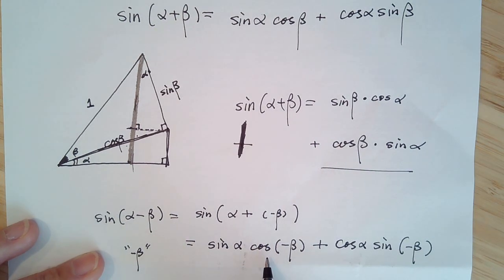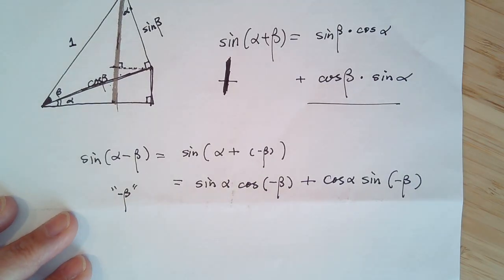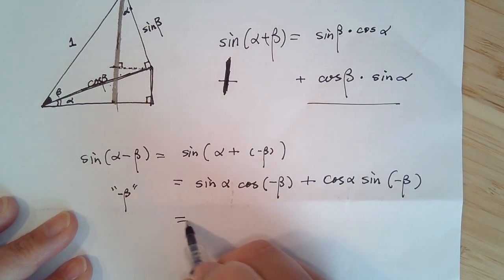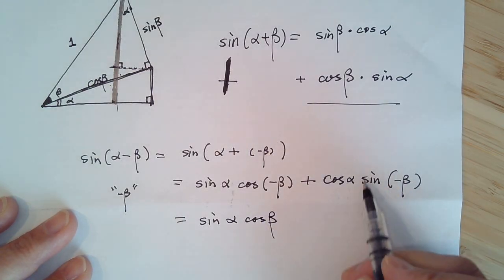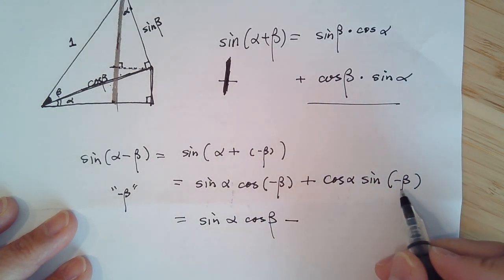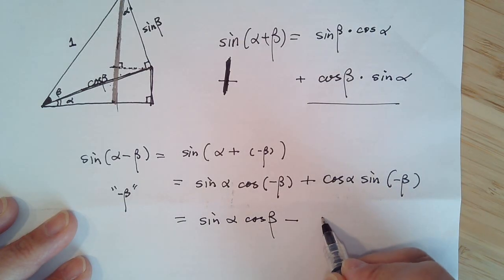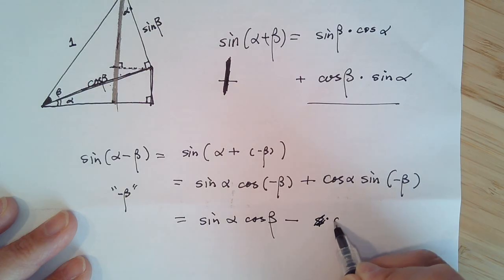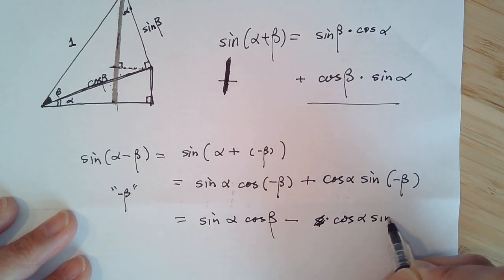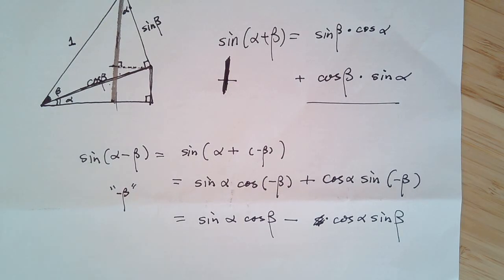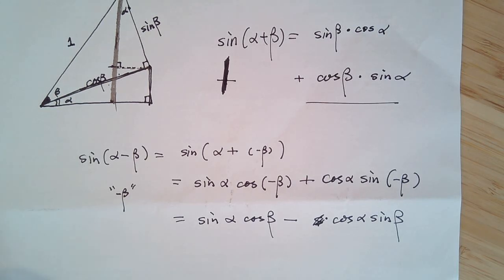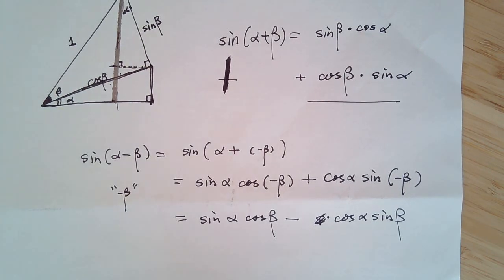Because cosine is an even function, that is sine alpha cosine beta, and because sine is an odd function, sine of negative beta becomes negative sine beta. So it's sine alpha cosine beta minus cosine alpha sine beta. You only need to know sine alpha plus beta, and then for sine alpha minus beta, it's very easy to derive from there.